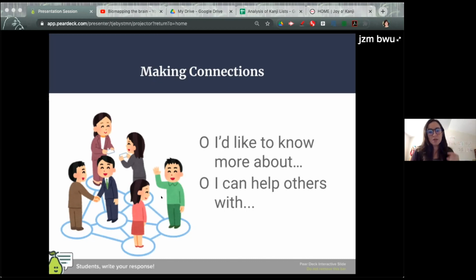Which of these topics do you want to know more about? And which of these topics do you feel like you could help other people with? In some of the comments here, I have seen several really great ideas. And I'm sure that there are people who have fantastic resources about some of these things that I just haven't seen.